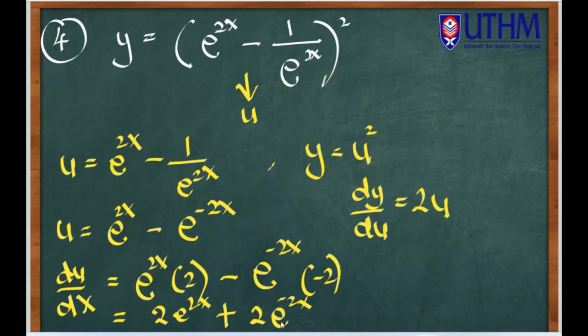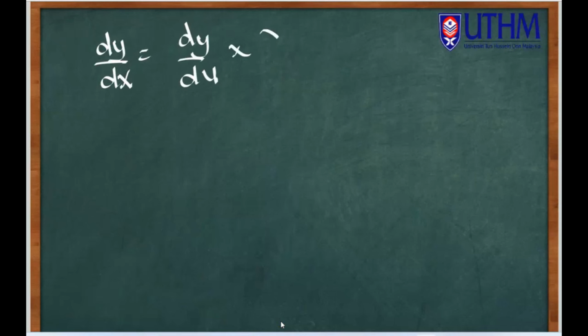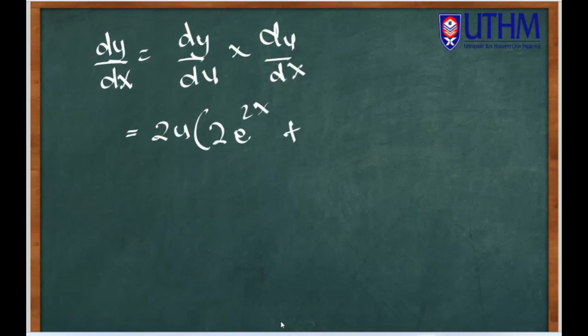Now we just insert into the formula. We know that by the chain rule, dy/dx is equal to dy over du times du over dx. Our dy/du is 2u, and our du/dx we already calculated: 2 exponent 2x plus 2 exponent negative 2x.